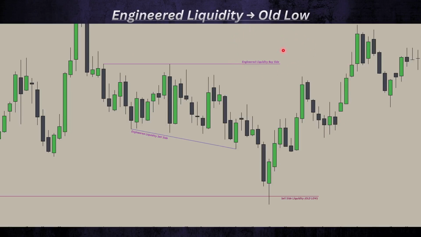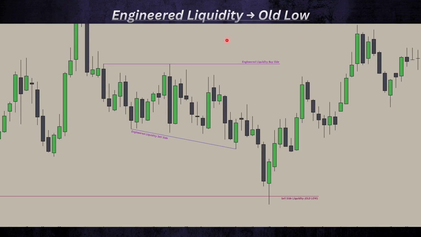Now, here's the roadmap the algorithm just followed. Liquidity is built, the engineered sell side liquidity gets taken, the old low unlocks the real move, and price finishes by clearing engineered buy side at the top.